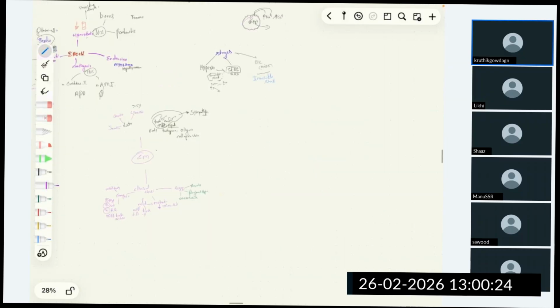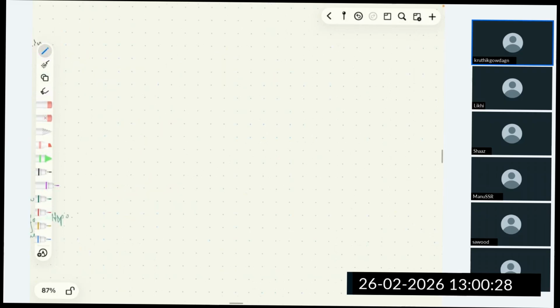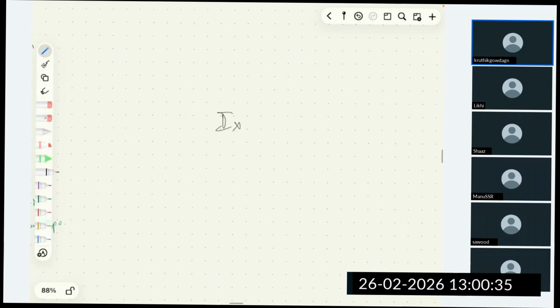Then we'll go on to assessment, investigations, monitoring, and treatment of hypovolemic shock. Coming to assessment, we have regular monitoring, very important, of BP, pulse rate, heart rate, respiratory rate, and urine output.